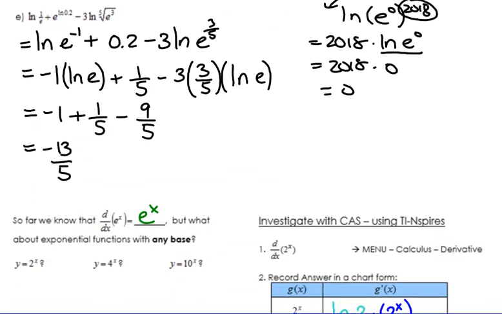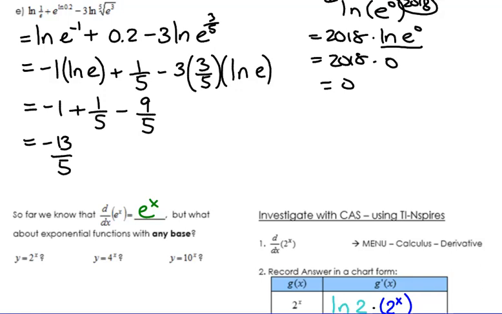I tried this one, and I'd like you to take a look through it. Ln 1 over e, so I just converted that into an exponent to make it a little bit easier. e to the ln 0.2, and there's that property that if you take ln of a number and then raise e to the exponent of that answer, you just get whatever that number was. Writing that root as an exponent instead makes it look a little easier.